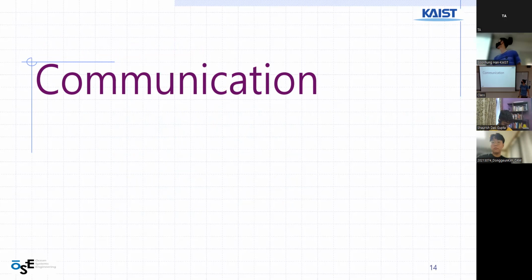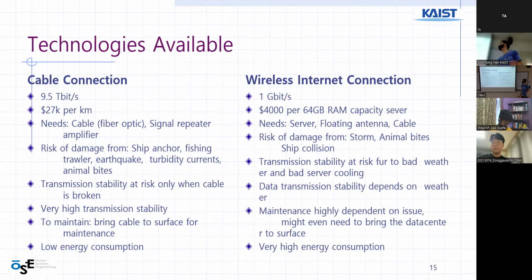Next, we will talk about the communication. There are two technologies available in this day and age: the cable connection and the wireless internet connection. As of today, 95% of all communications, both phone, email, and so on, is done through submarine communication cables, or subsea communication cables.